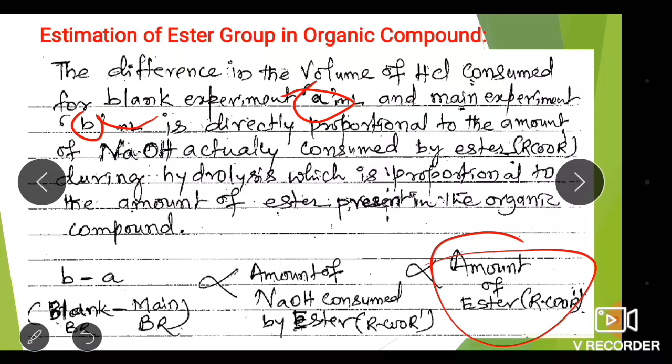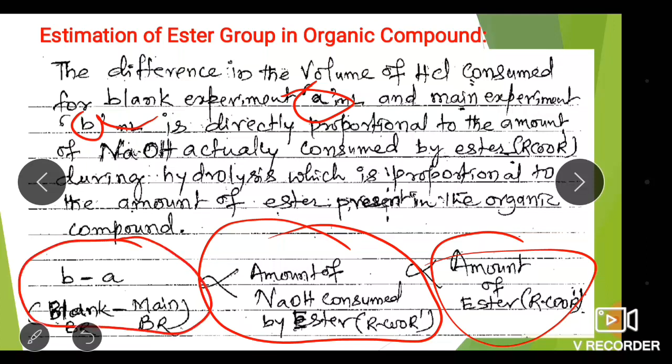So it is directly proportional to the amount of NaOH consumed by ester, and which is further directly proportional to the difference between the blank and sample reading, that is blank and main titration reading.